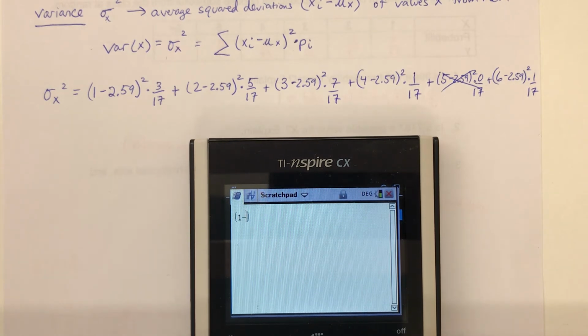Even with the calculator, you need to be really careful as you type this in, because there are a lot of places where we can make mistakes.